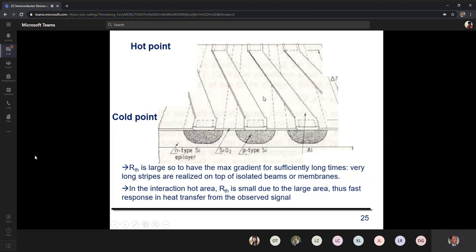Of course, in this thermal circuit, there will also be some thermal resistance, but it will be small because all these lines are relatively wide, okay? So there is no delay in the reaction of the device produced by the thermal resistance, okay? So in essence, the circuit is able to react quickly to changes in temperature and provide the voltage in real time following the change in temperature.